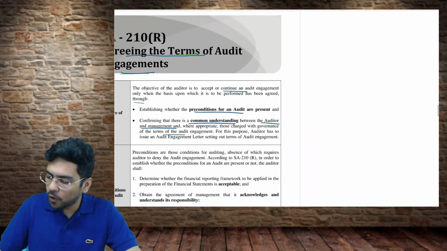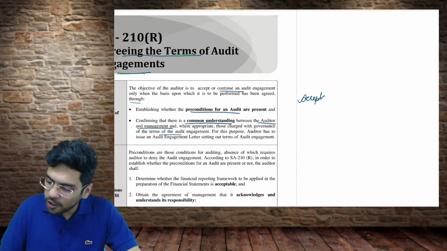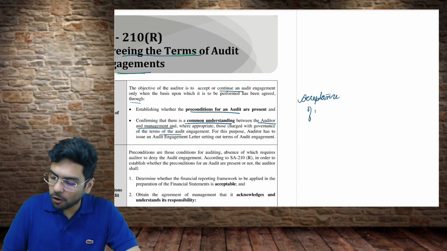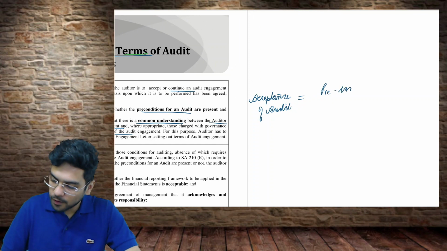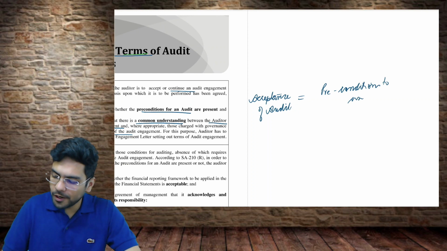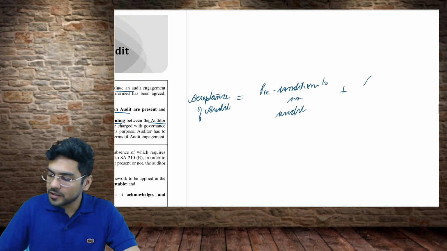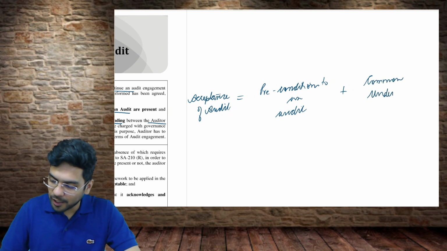So in simple words, guys, please understand, you are only going to accept an audit when there are two things present. Number one is something called preconditions to an audit. And secondly, there has to be something called common understanding.